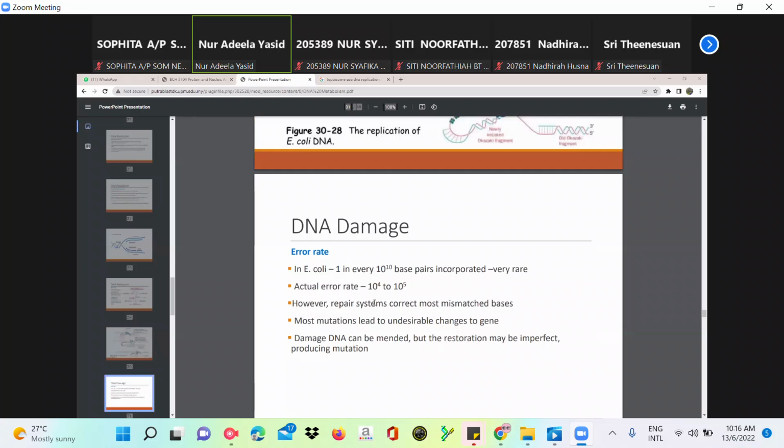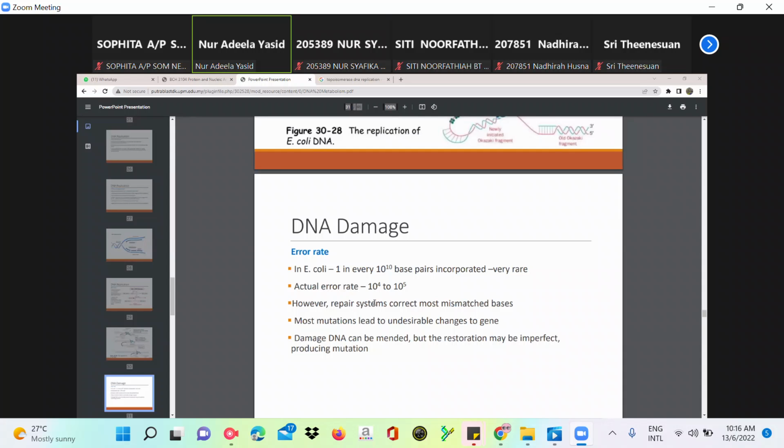Even though DNA replication is a very accurate, very tightly controlled process, we need a very precise process to ensure that we synthesize a correct sequence of DNA.